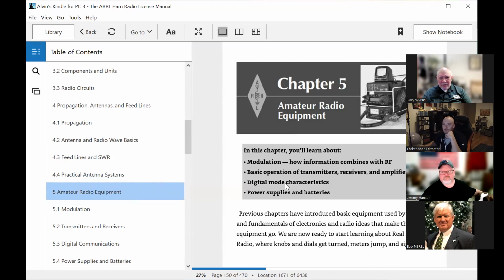Okay, we're talking about amateur radio equipment, and we're making very complex alternating current types of things going on in our cables. They don't become radio waves until they hit the antenna. But in the meantime, what are we doing?